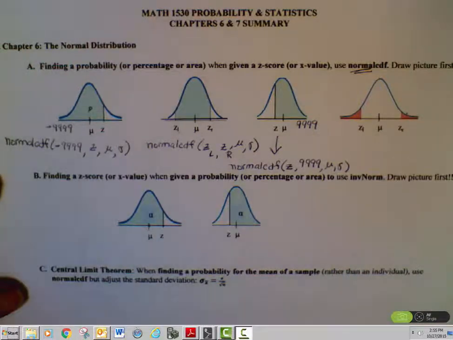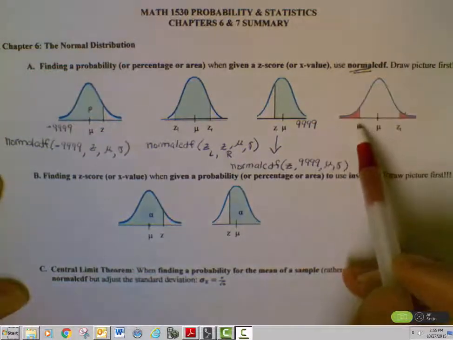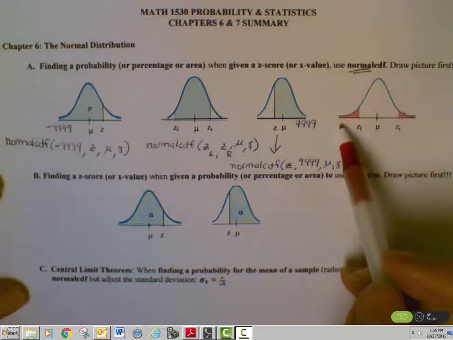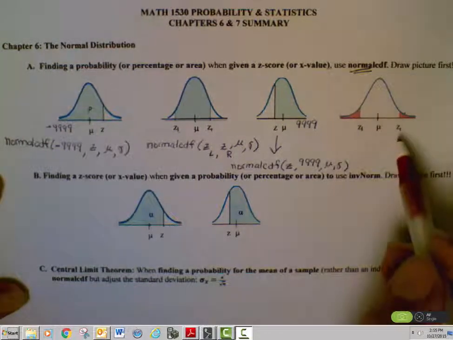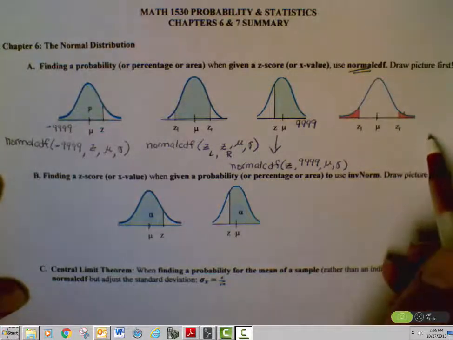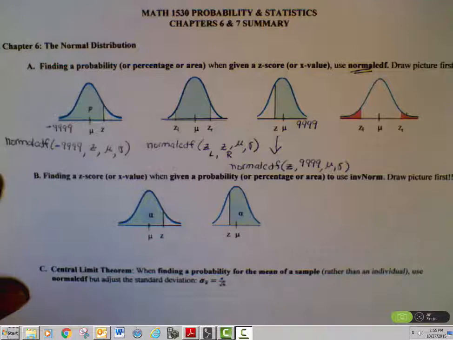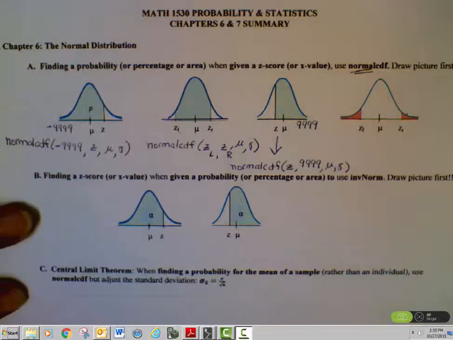You could find them separately. You could do normal CDF -9999 up to the left score, and then you could do normal CDF, the right score, up to +9999 and add those two areas together.